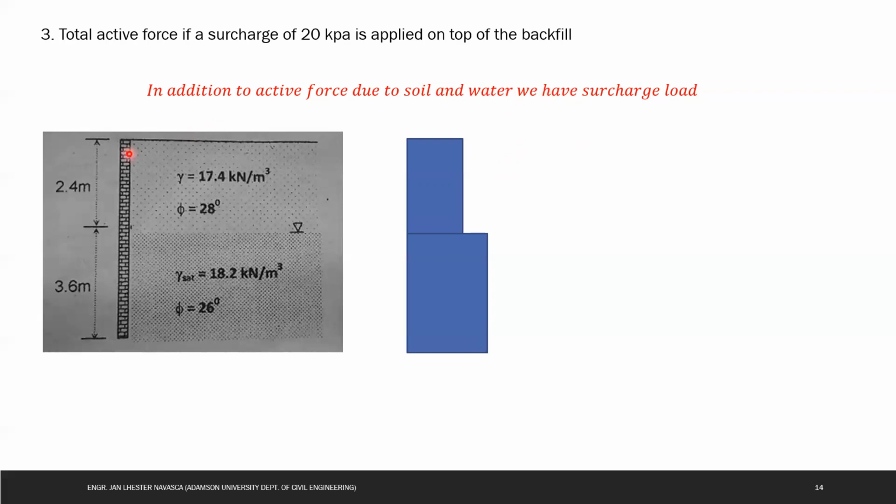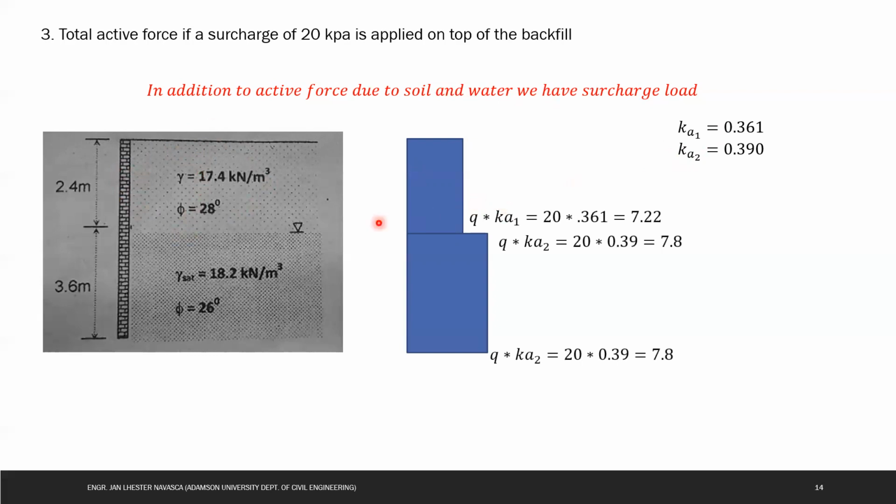So at the first layer, you have your Q times the K at the top. Again, the K sub A sub 1 and K sub A sub 2. The same case at the transition of different layers, with different soil properties and different angles of friction: right before and right after, you have these 2 different pressures.